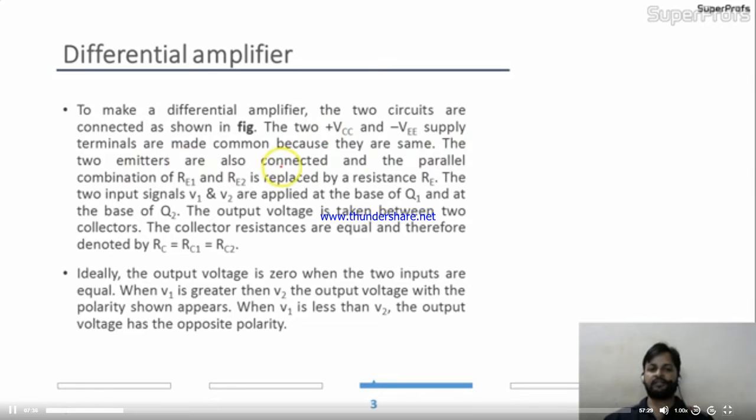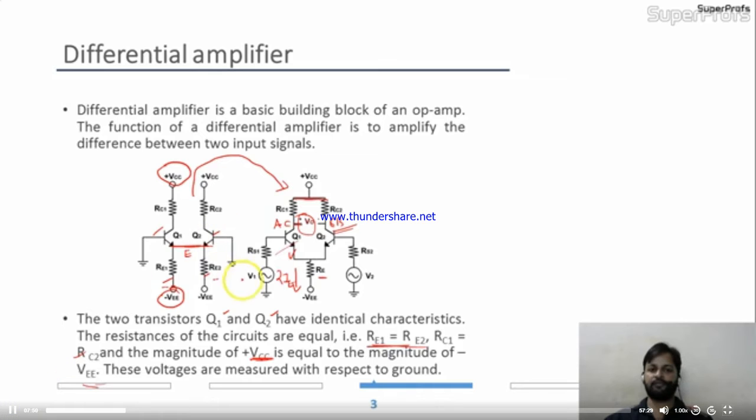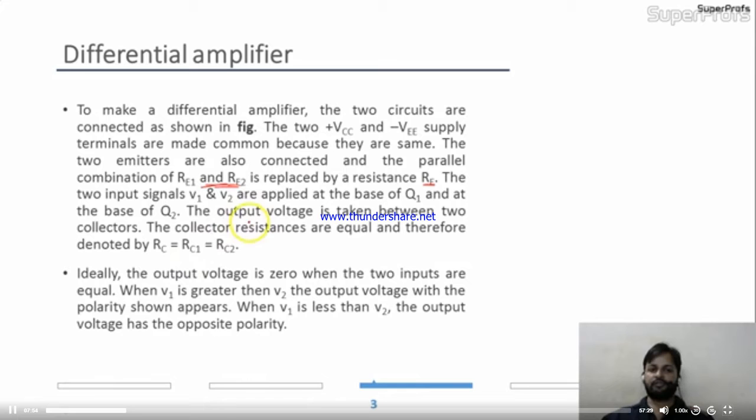The two emitters are also connected, and the parallel combination of RE1 and RE2 is replaced by a resistance RE. Okay, fine. The two input signals V1 and V2, you can see over here. So two input signals V1 and V2 are applied at the base of Q1 and the base of Q2.